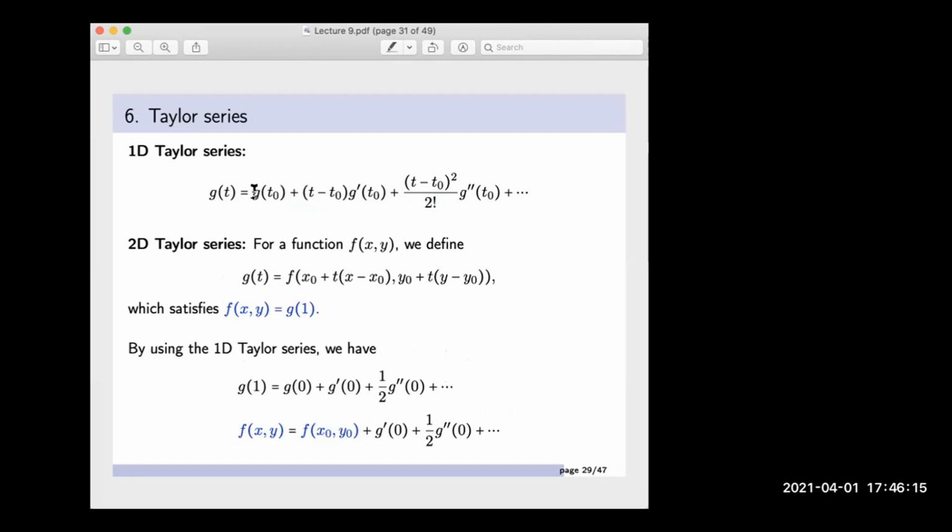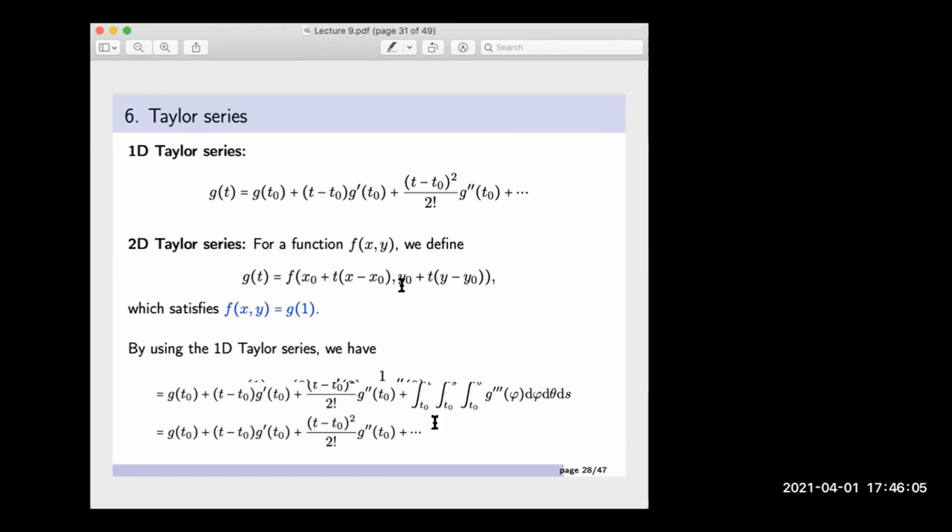And for function of two variables f of x, y, we construct a function g of t like this. See? This new function of t has the basic property that if t equals 0, you get f of x0, y0, when this part disappears. If t is 0, you don't have this part. You have x0 and y0 in the bracket.